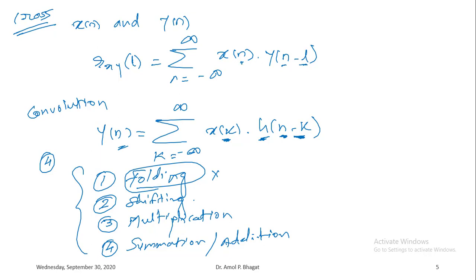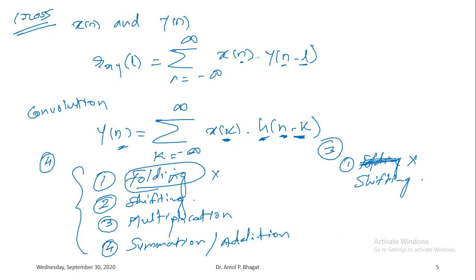Then we perform the multiplication operation, and finally the summation or addition operation. So in correlation, three operations are involved. The folding operation we are not performing. First one is the shifting.